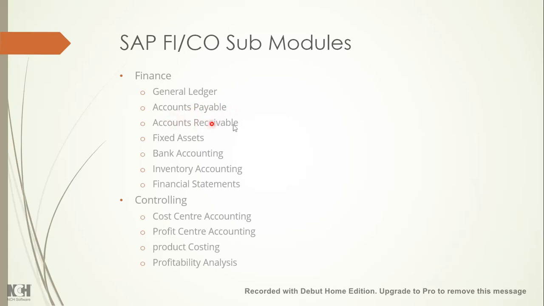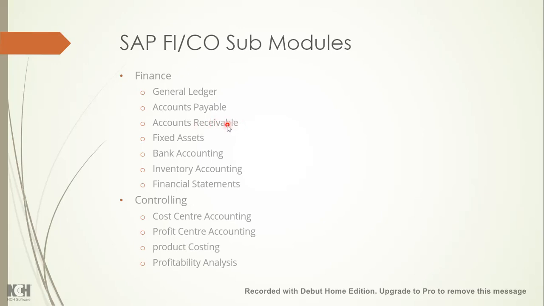Same way in accounts receivable, this is related to your sales side. So here again you can define your types of customers. Then you can define credit management related to the customers. Then you can define your payment terms. These are the different things you can define here in the accounts receivable.